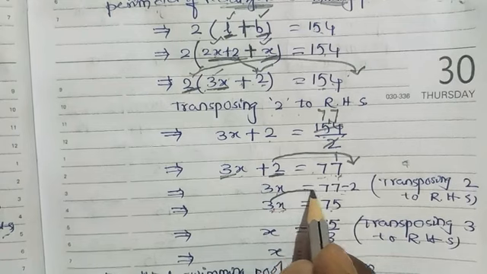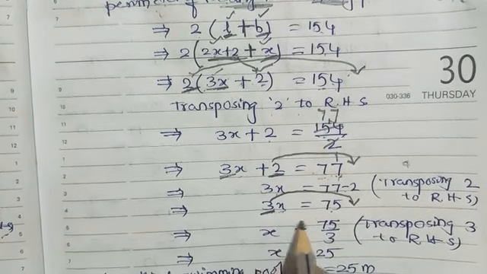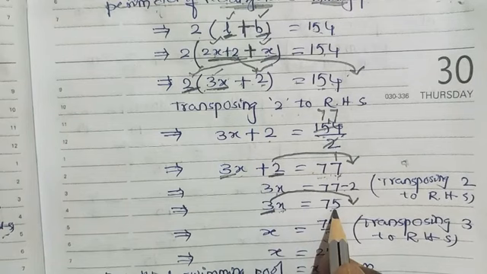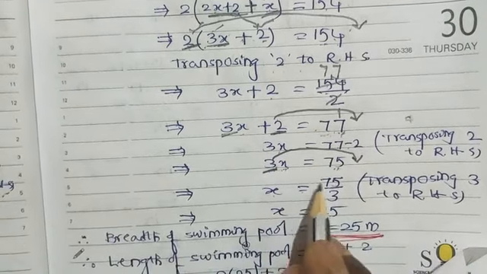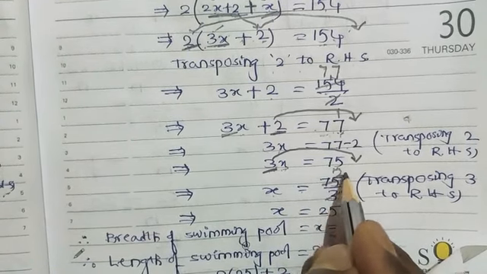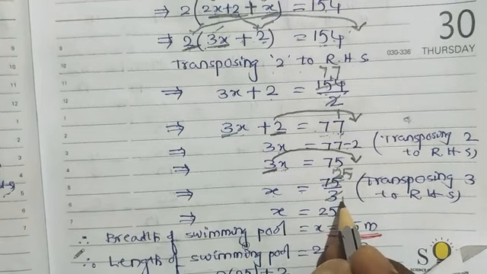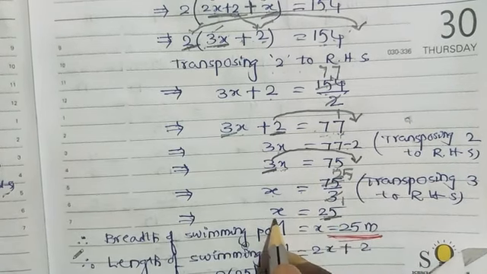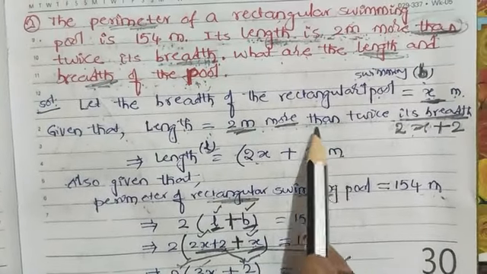Now this 3 also we transpose to the right hand side. 3 is multiplying, it will come to the other side and divide 75. So x is equal to 75 divided by 3. 3 one time is 3, 3 25 times is 75. So x equals 25.